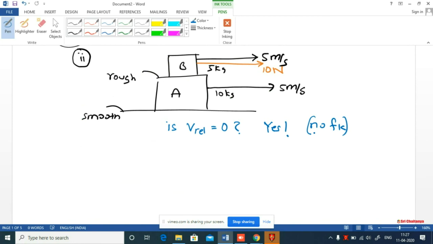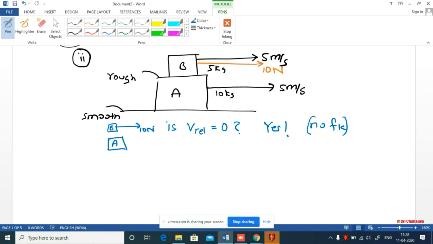For static friction to be present, there has to be acceleration if there was no friction. So we will draw the FBD of B and A. The only force acting on B is 10 Newton, and I'm only showing the horizontal forces, not the vertical forces. And since there is no friction between A and B, that is it.